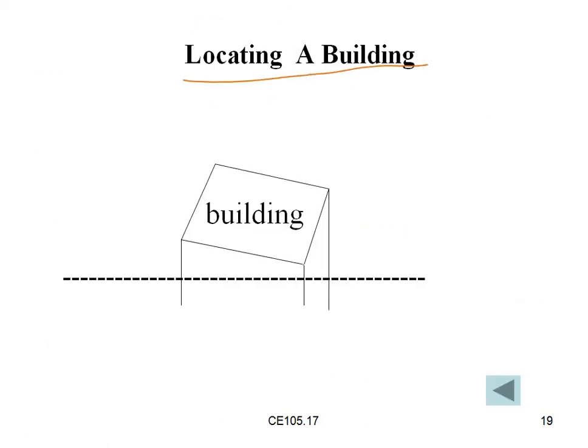Suppose this is the building on the chain line, this is A and this is B. From this we can take the offset points. Perpendicular offsets are taken at right angles, and oblique offsets are taken in the triangle portions, etc.